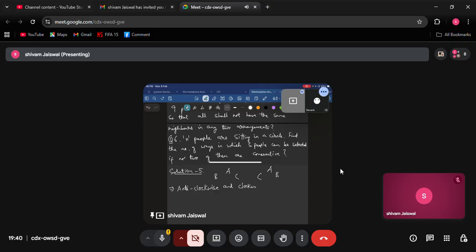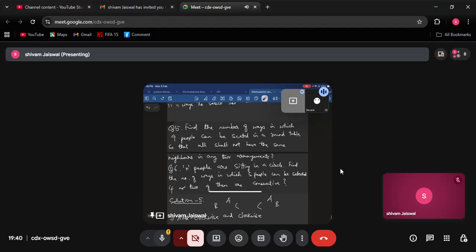So Devang, this is one of the arrangements in which A has neighbors B and C. This is another arrangement in which A has neighbors B and C. Both the arrangements should be considered same. That is what the question demands.